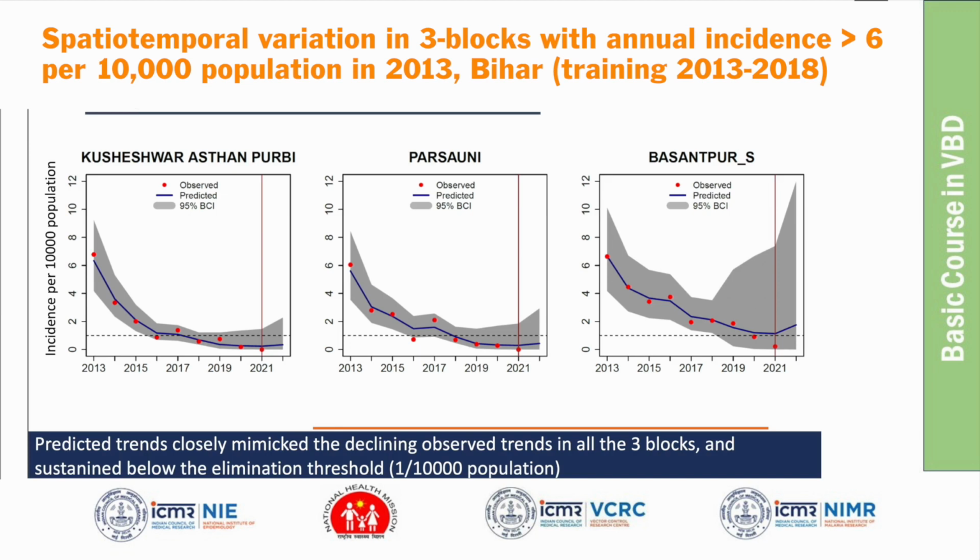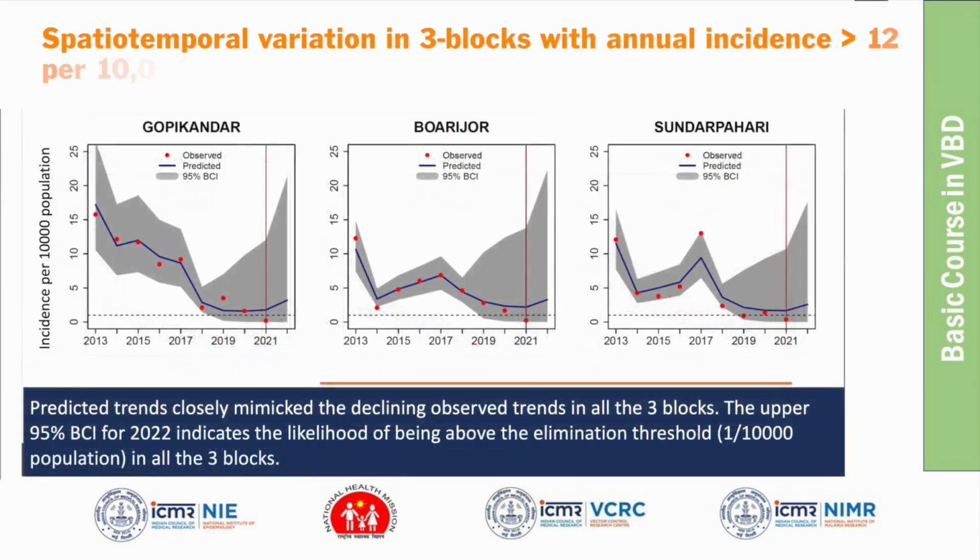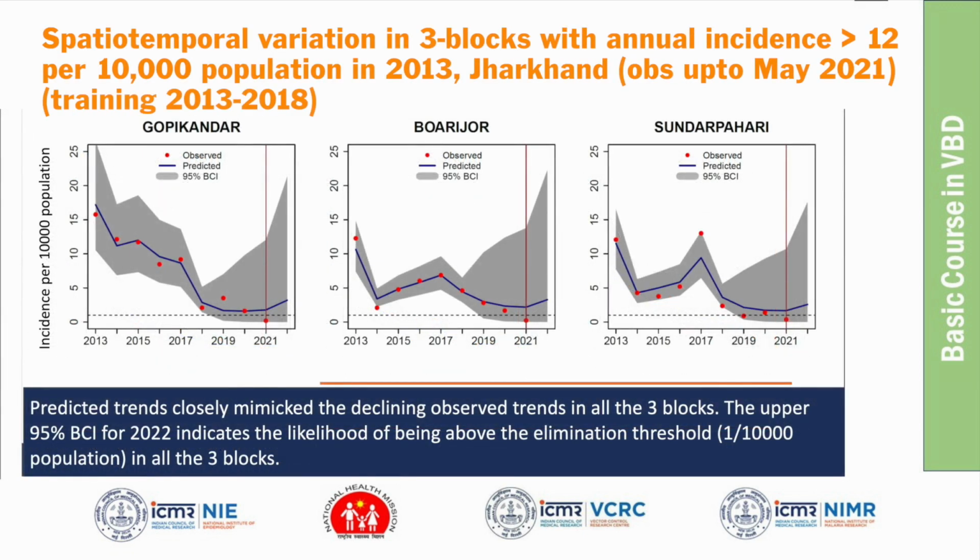Similar patterns are shown in Parasoni as well as Basanpur. Basanpur shows high variability in cases. These pictures clearly show that the model predictions differentiate the block level variations. We have taken some examples of blocks only.